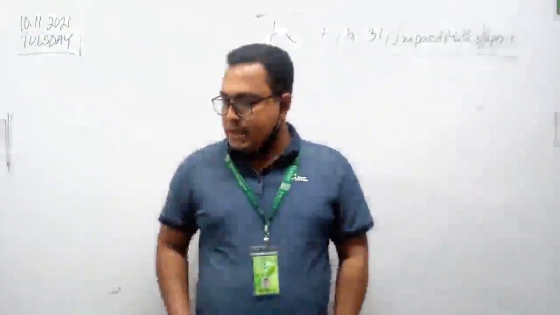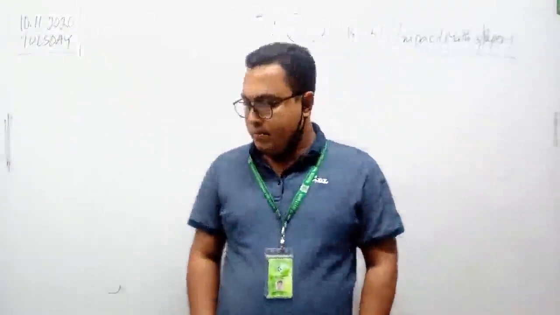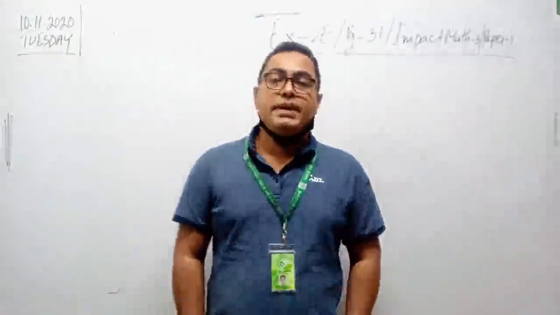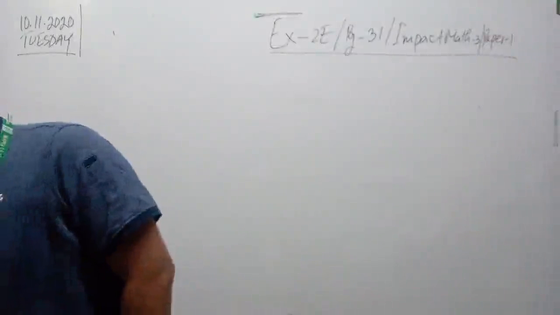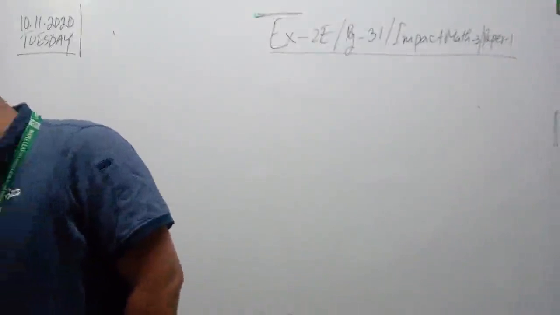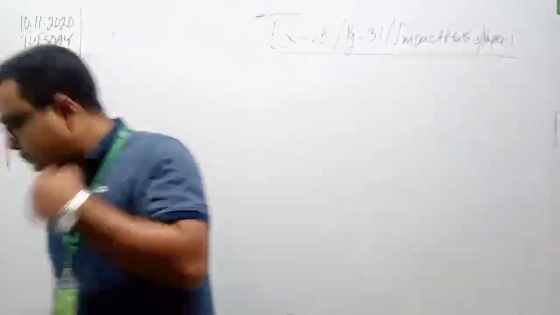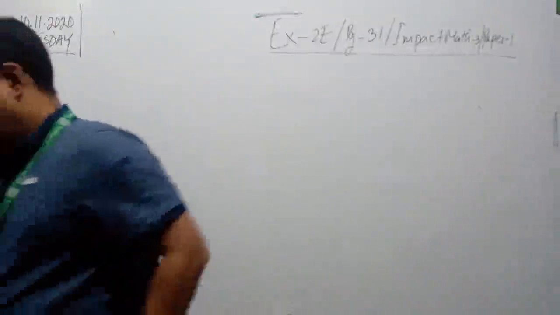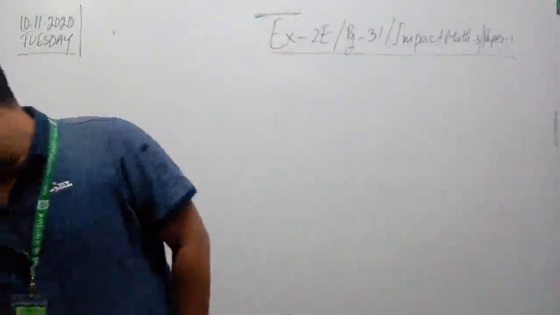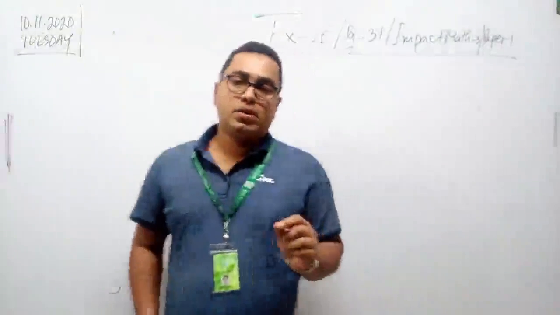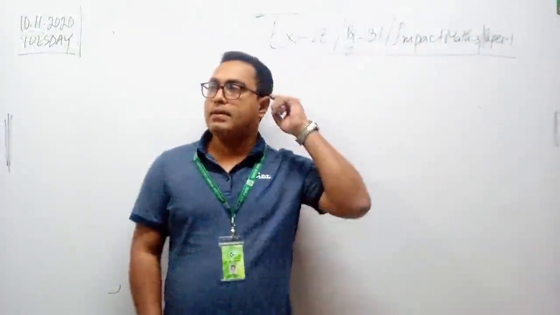In our last class, we solved math for simplification. It was exercise 2D, question number 2 and 3. And there, mainly our work was to simplify these types of math.